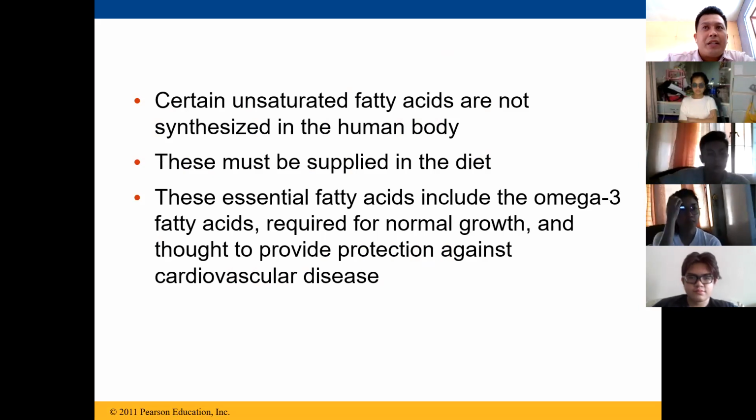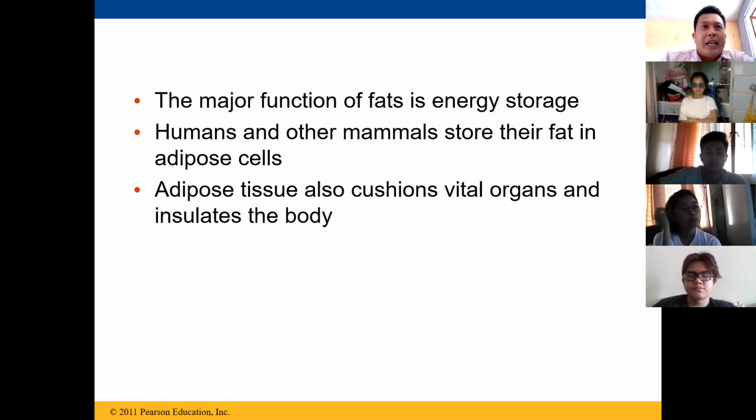They also have their job: they cushion the vital organs. Adipose tissue cushions vital organs, insulates the body, and absorbs heat, as our internal environment also performs mechanical processes and releases heat because of the fats. It will absorb the heat, and it will cushion some of the internal organs, preventing them from generating friction against each other, thus creating wounds.